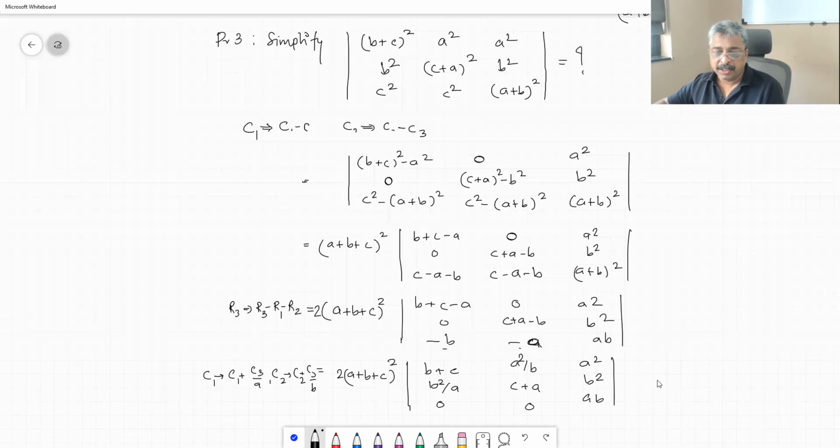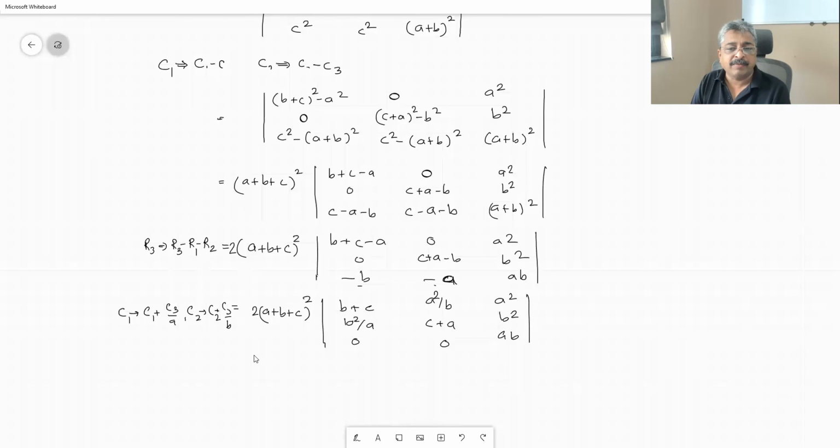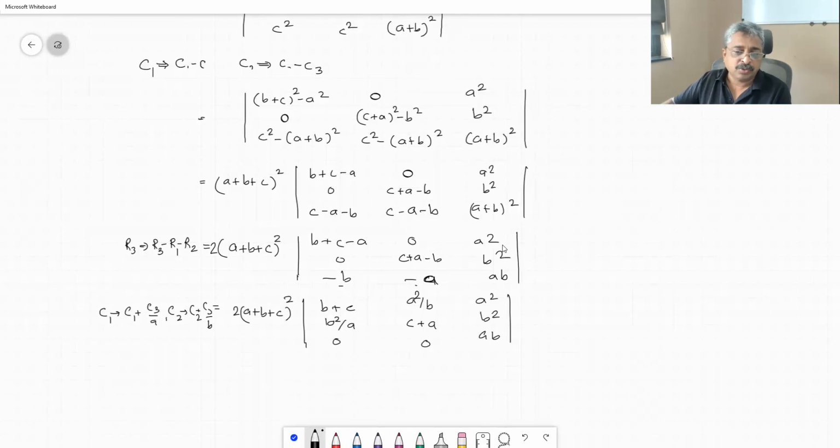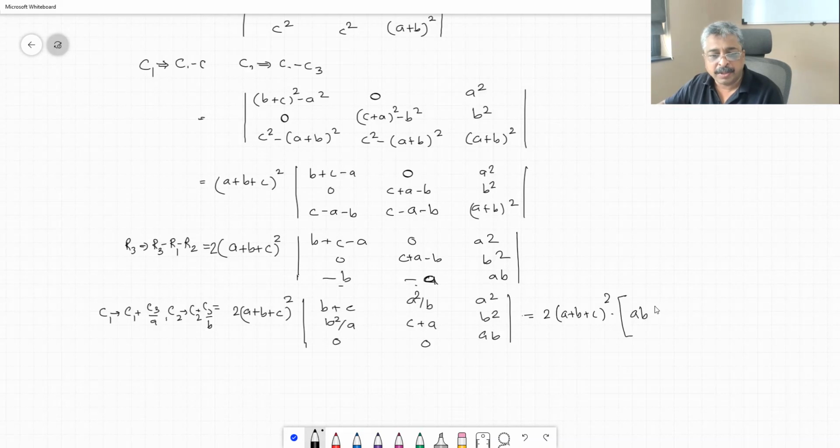This is 3 by 3, so we already have 2 into (a plus b plus c) bracket square with us. Now we are supposed to solve it. So this is equal to 2 into (a plus b plus c) bracket square into, inside bracket, ab inside bracket b plus c into c plus a, minus b square a square upon ab, so ab.